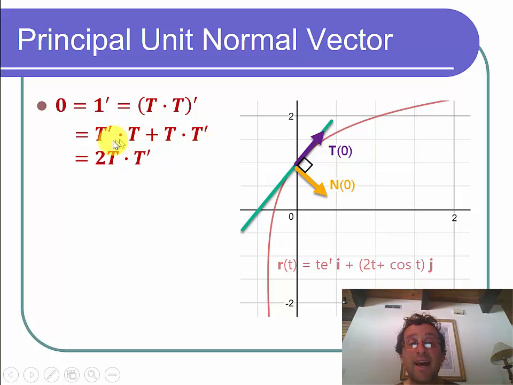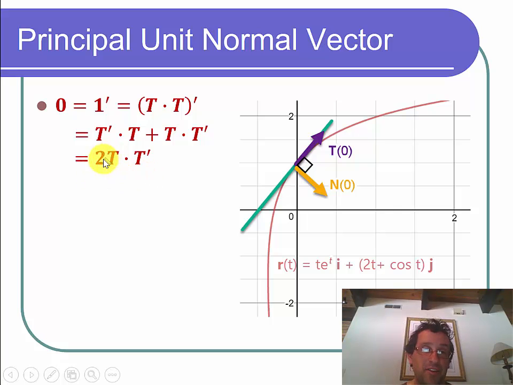But the dot product is commutative. So we could say T prime dot T is the same as T dot T prime. And then we can combine like terms and say this is equal to 2 times T dot T prime. Okay, now let's take a look at what we just found.